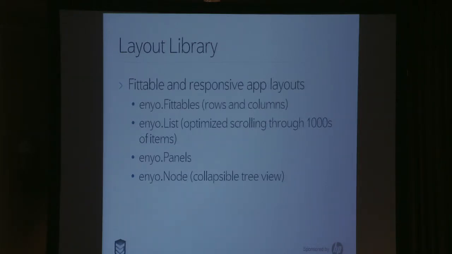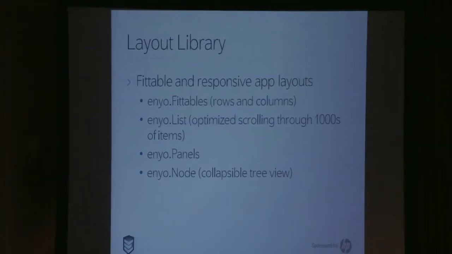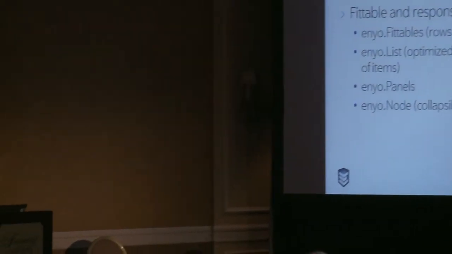In Enyo 1, I was really spoiled with Flexbox because the TouchPad WebKit supported it. It's really easy to do these awesome centered things with Flexboxes. Well, we don't have that ability anymore, so we have a kind called fittables that gives you fittable rows and fittable columns. It's not exactly the same as Flexbox, but you can still get some really nice app layouts with the basic fittable stuff.